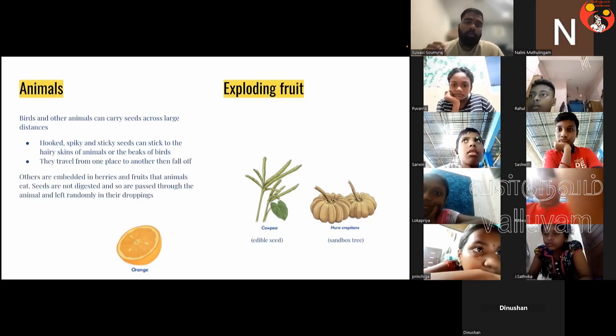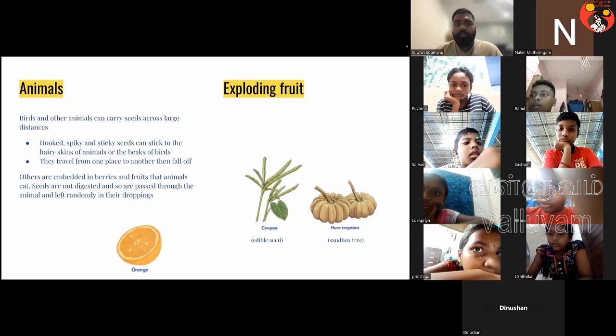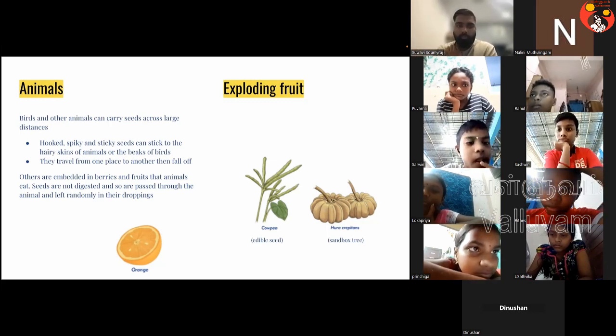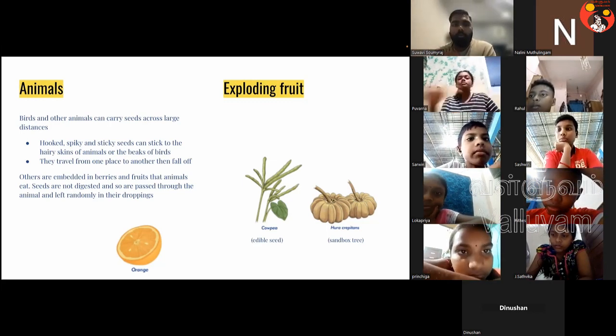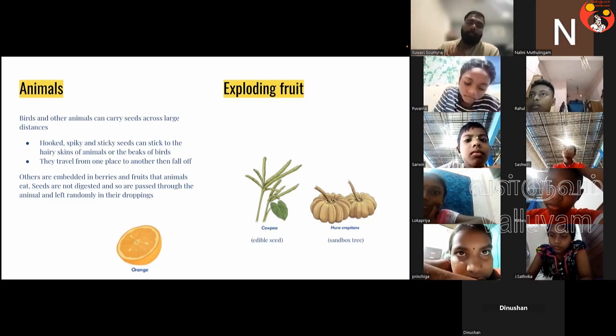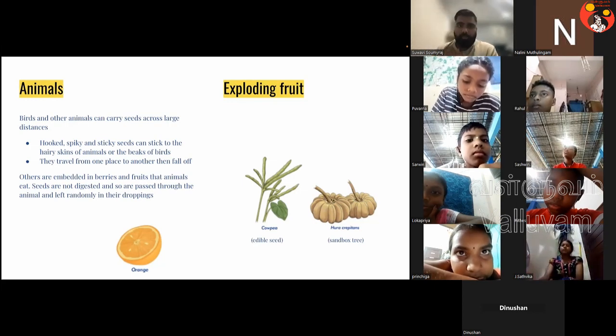Now, other seeds that are transported through animals are actually within certain berries and fruits that the animals consume. The seeds themselves aren't digested by the animal and therefore are passed through in the animal's waste, in their droppings.